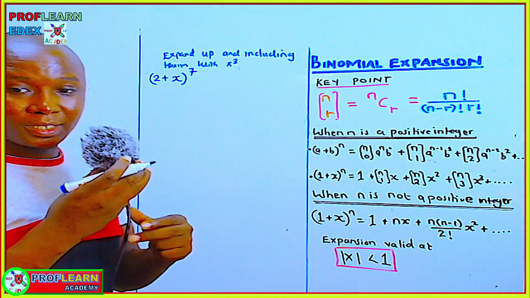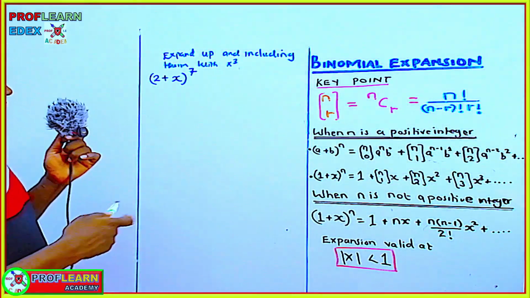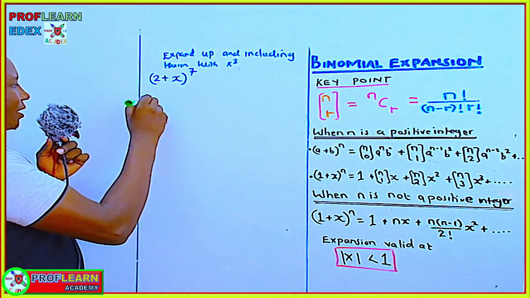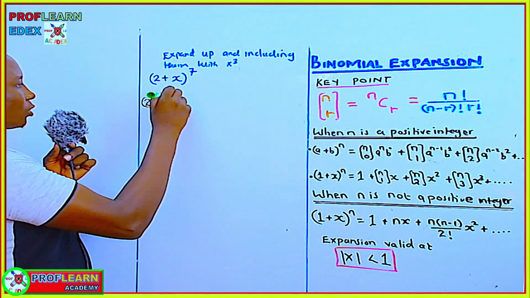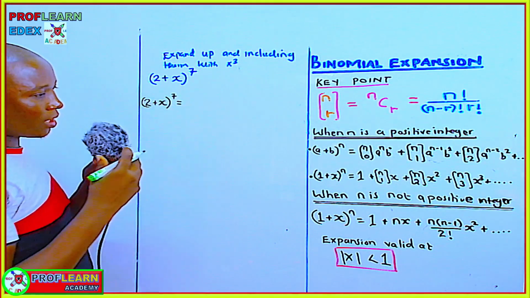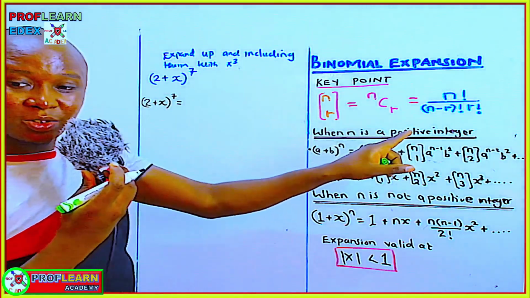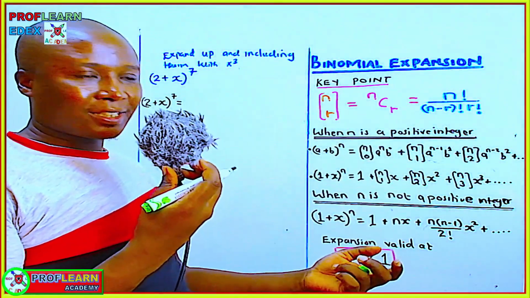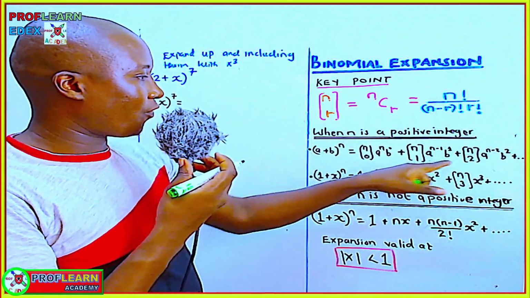Of course, we have 2 plus x raised to power 7 is equal to, since our 7 is a positive integer, not a fraction and not a negative, meaning that this is going to have finite terms, we are going to use this formula that we have here.